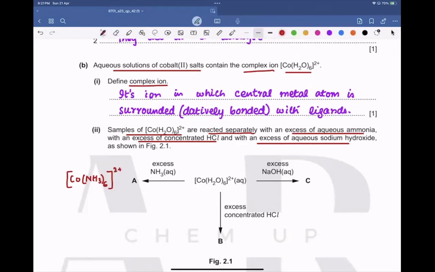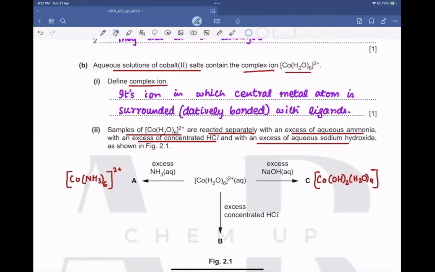And when it reacts with excess sodium hydroxide, only 2 of the water ligands are displaced by the hydroxide and 4 of the water ligands stay intact. And as 2 hydroxides are bonded, each one has a -1 charge, making -2. So the cobalt 2 plus is neutralized by that, and the net charge over here would be 0.